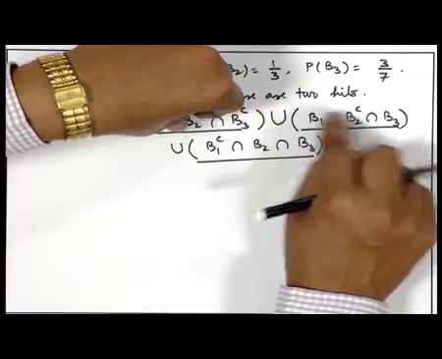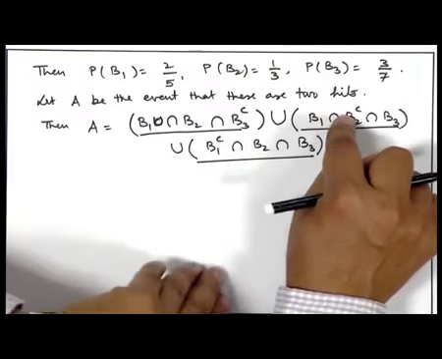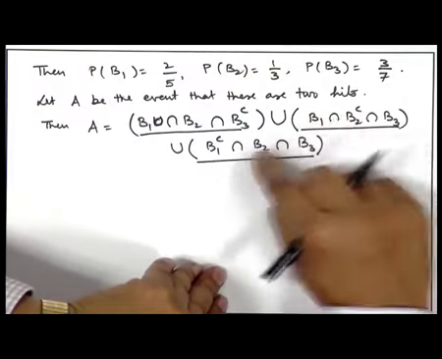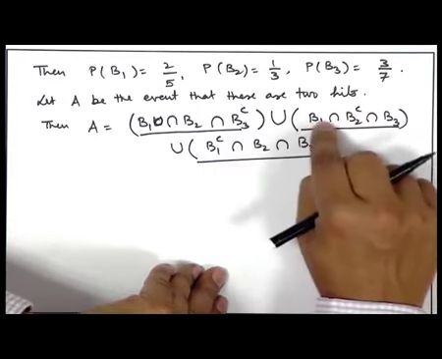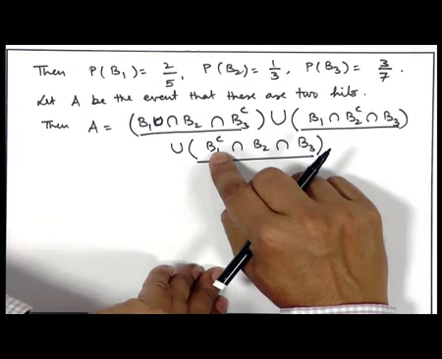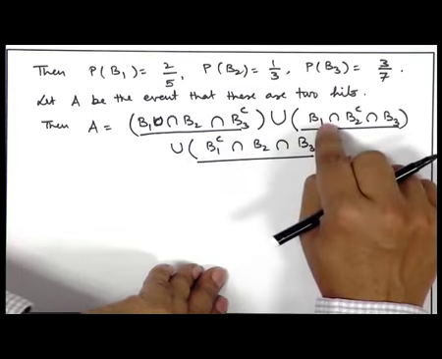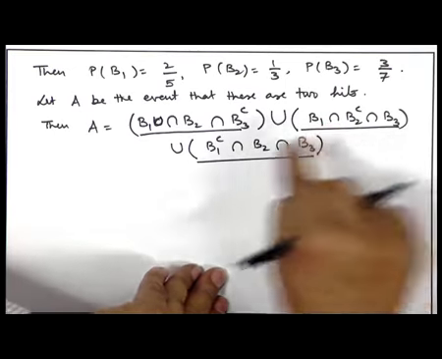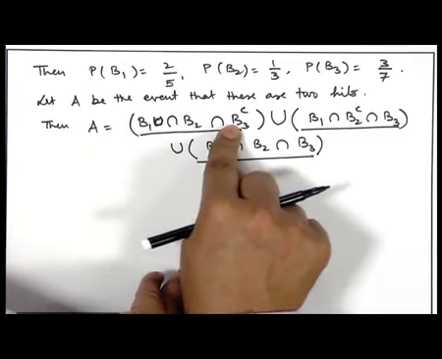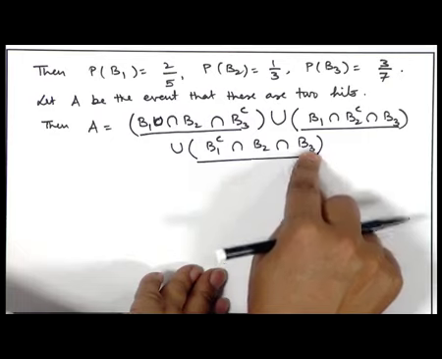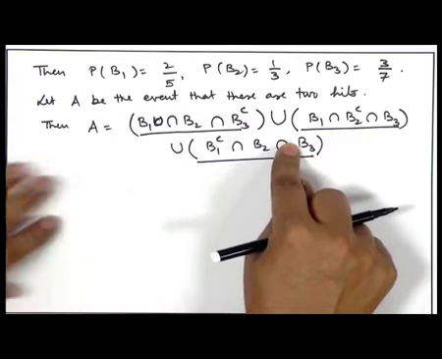So, these two cannot have any element in common. Similarly, if I take the second and the third one, here B1 complement is there, here B1 is there and here B1 complement is there. So, again they are disjoint. Similarly, for the first and the third, here B3 complement is there, here B3 is there. So, they are disjoint.